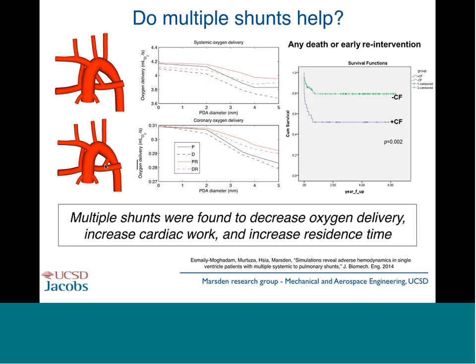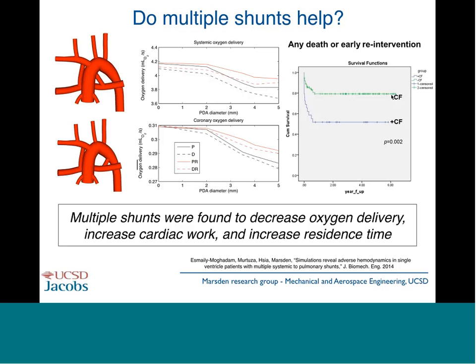actually made things worse. So we found that multiple shunts decreased oxygen delivery, increased cardiac work, and increased residence time in this segment of the pulmonary arteries between these shunts. And we worked with clinicians, so Tianyan Shah at Great Ormond Street Hospital, who performed a clinical study retrospectively evaluating patients with and without this competitive flow.